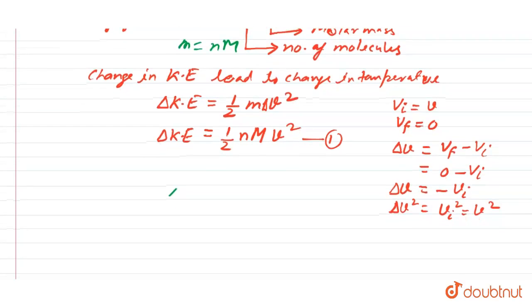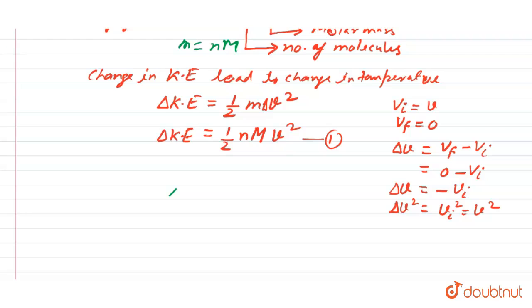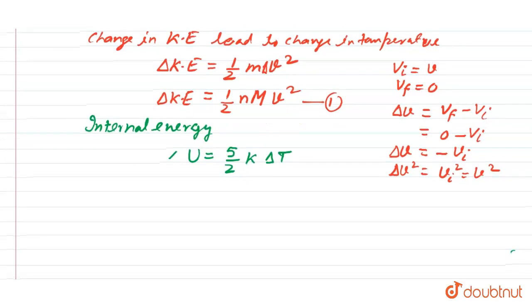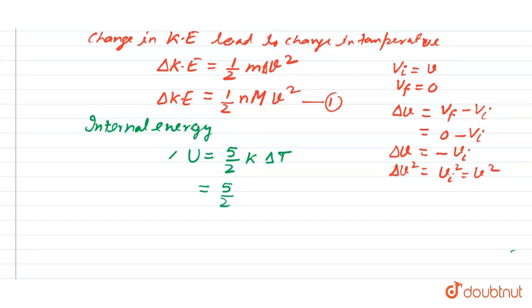Now, when the vessel is moving with velocity v, the internal energy U of a diatomic gas is 5 by 2 K into delta T. Here K is the constant, and the value of K is nR, where n is the number of molecules and R is the gas constant.